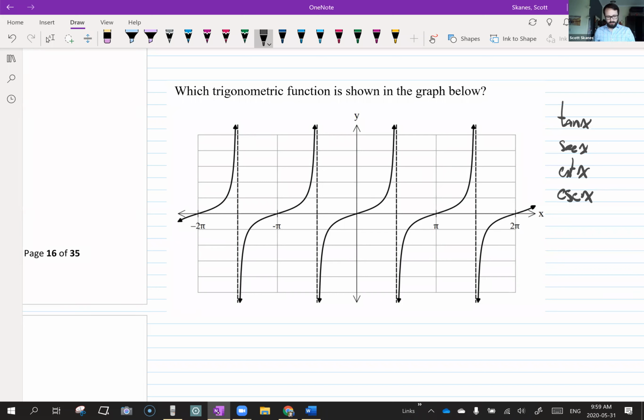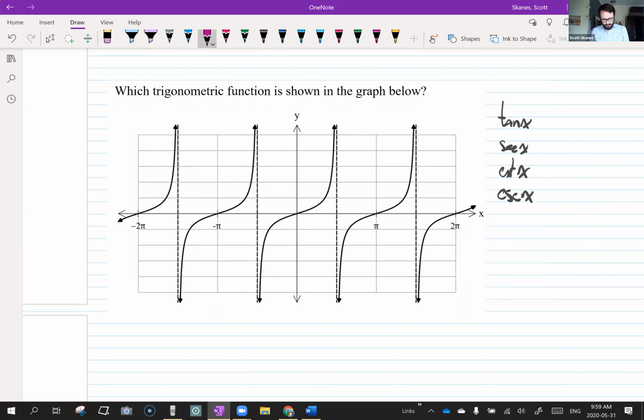First things first, are the asymptotes easy? First things first, I would say they are not easy, so they don't start with a C. And it's either tan or secant. I'm seeing a lot of tan in the chat. Yeah, because it has a line shape. It kind of goes up, it's almost cubic. It doesn't make a cup shape.